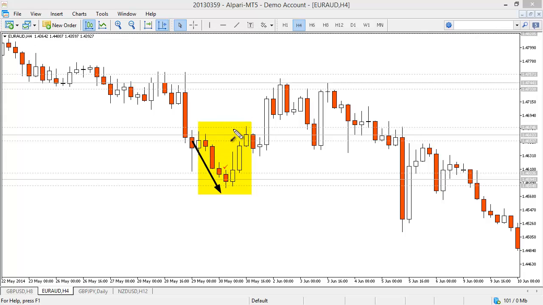So with this chart, you had about 8 hours where you could start planning this setup, because when this candle formed here, you're already seeing price reacting to this area of support.